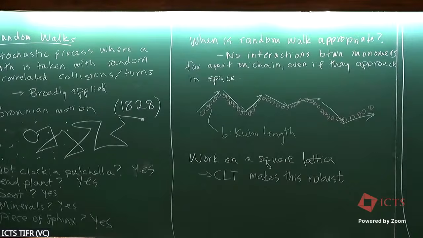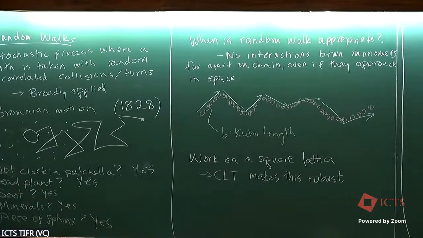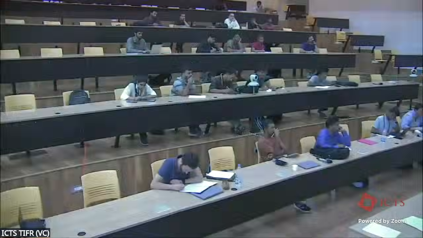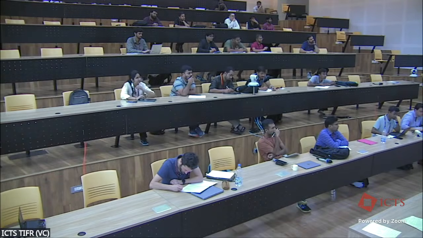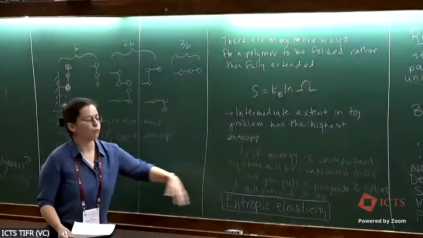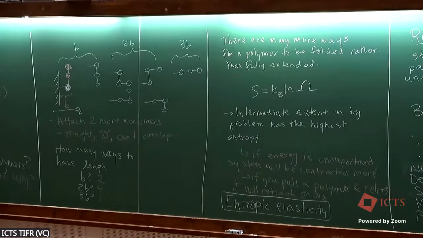All right. What is the first question we want to answer about a random walk? Well, I'm going to go back to this toy example once again, which is that we ultimately want to connect this to elasticity. And the thing that I have said so far that is most closely related to elasticity is this last statement. If you're pulling on a polymer and then you release it, the fact that it's going to retract seems to be the right way to approach taking this stochastic model and bringing elasticity into it.